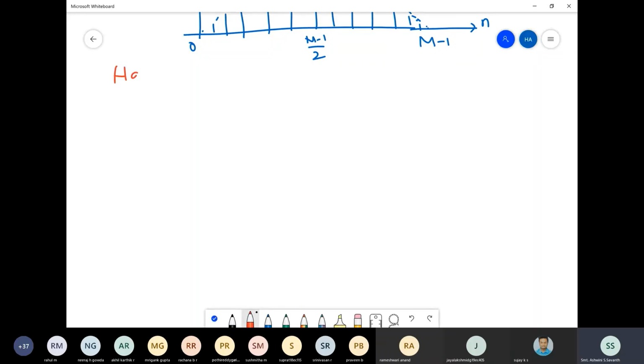Hamming window. That is denoted as w_Ham of n.